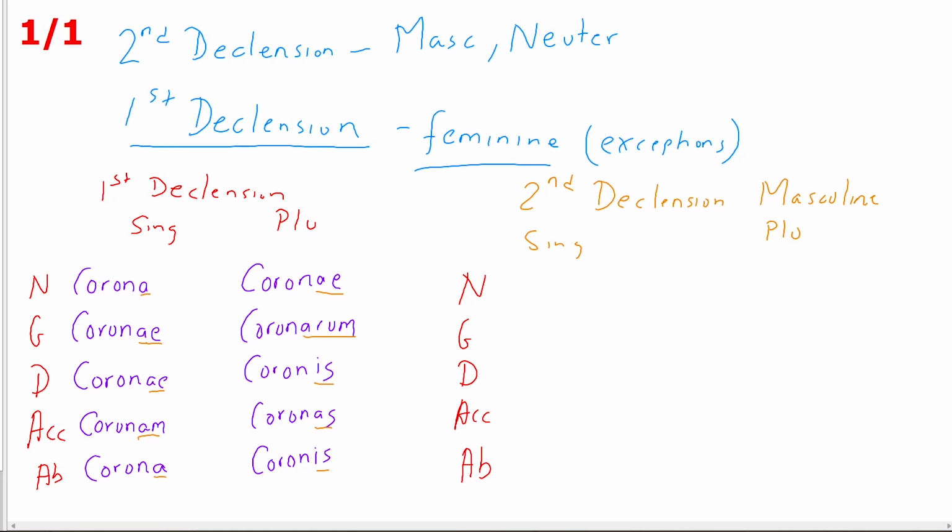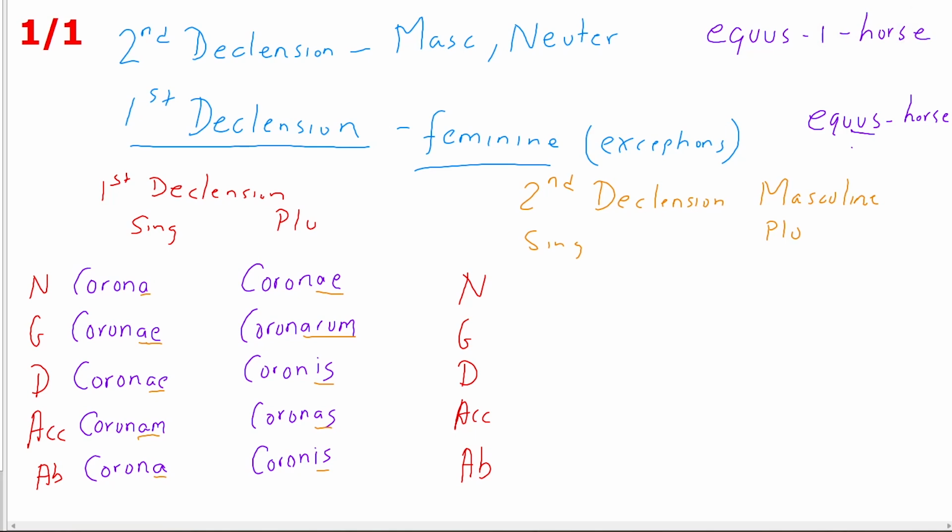So if we take the word equus, which means horse, now see in the second declension, it will end with us. So in the dictionary, the word would be given like this: equus, equi, which means horse.